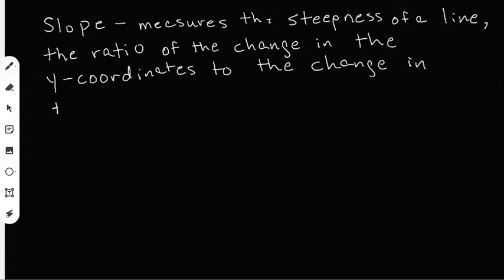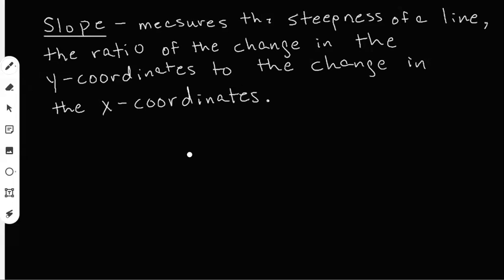So the x coordinates are actually going to go on the bottom of the fraction, also known as the denominator. So that's the definition of slope.